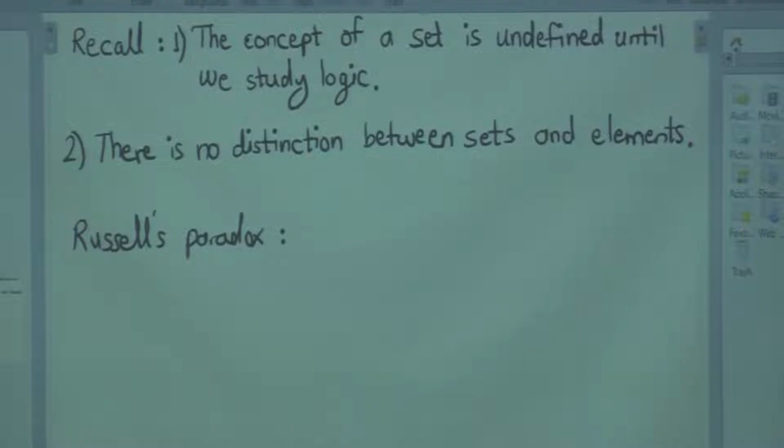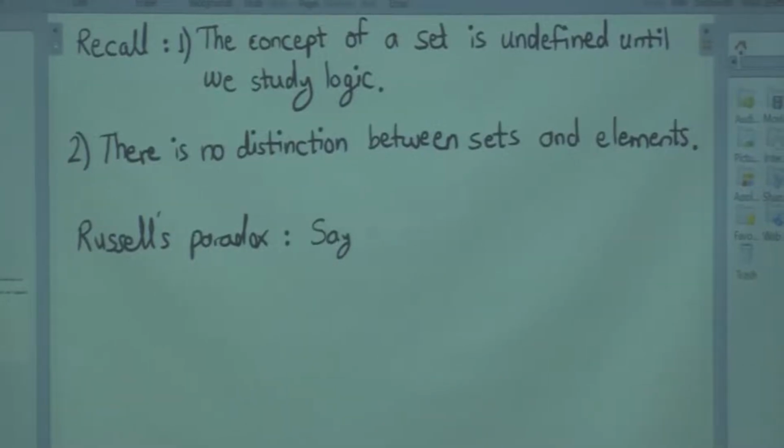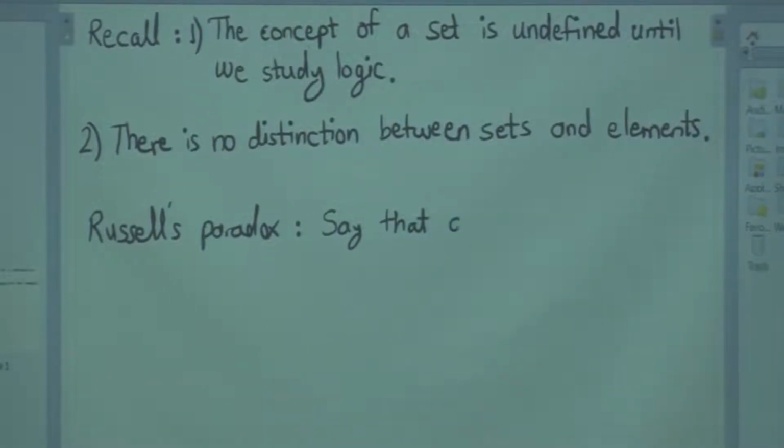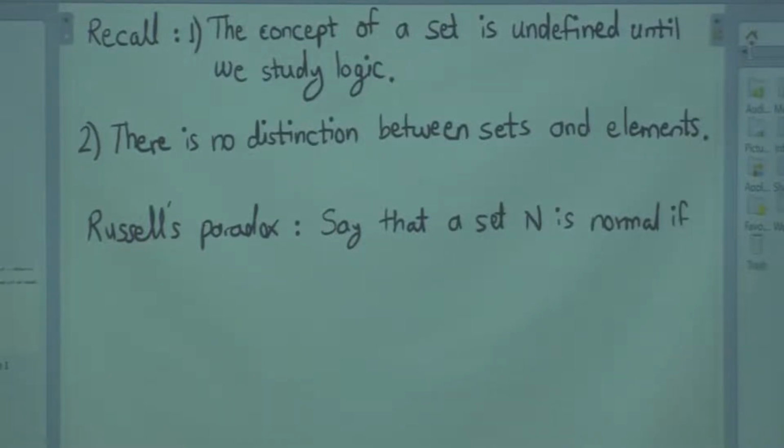It's called Russell's paradox. Let me write that down. Please pay attention to every single word I am about to say. Let us say that a set n is normal if it is not an element of itself.